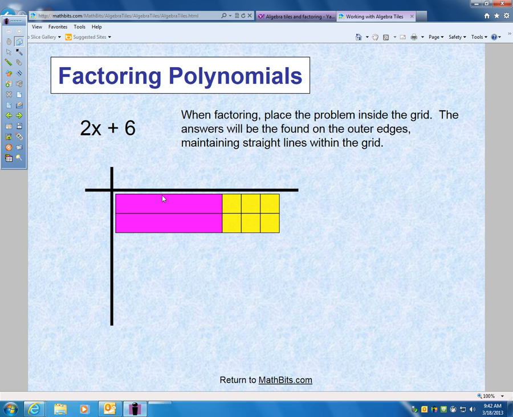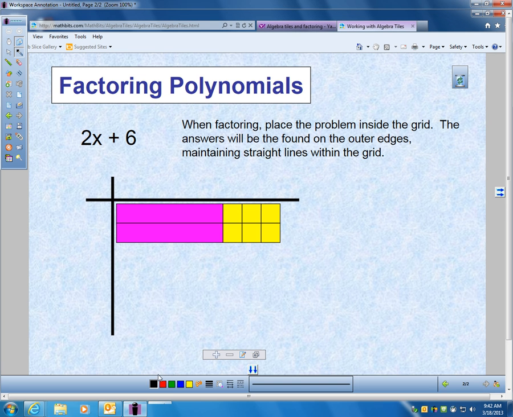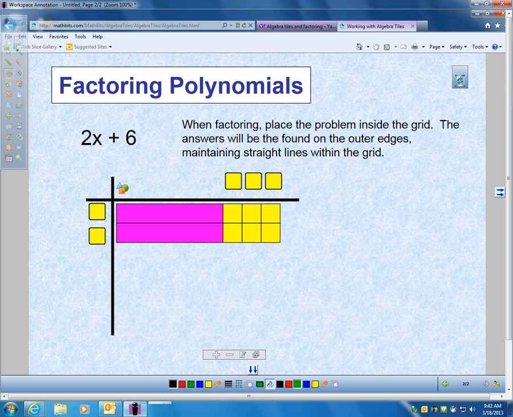Now once I arrange them in a rectangular arrangement, and before I click on this, I want you to notice what I have, and let me actually get out tiles to show it. They're going to actually do this on the PowerPoint in just a second. Let me get out some tiles. You notice that first of all, what I have here is 1, 2, 3 tiles here, and then I would definitely need 2 unit tiles here, and then I would have one more of the bigger green, we always use green for our unit tiles.